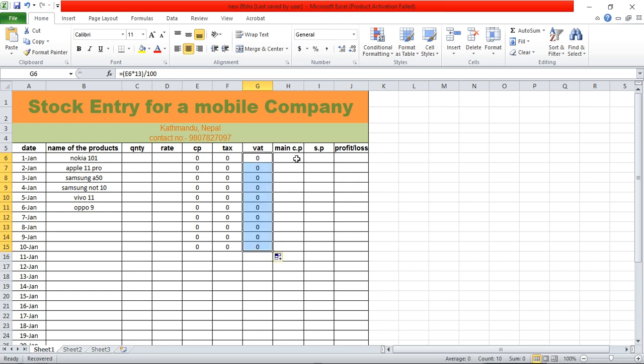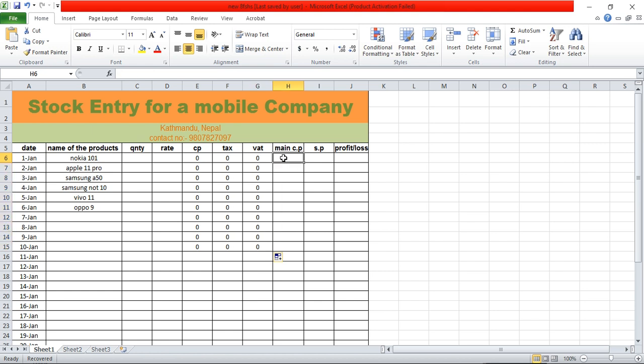Now the main cost price. When we purchase different models of sets to sell in the market, we have to pay the tax and also the VAT. So our main cost price will be here.